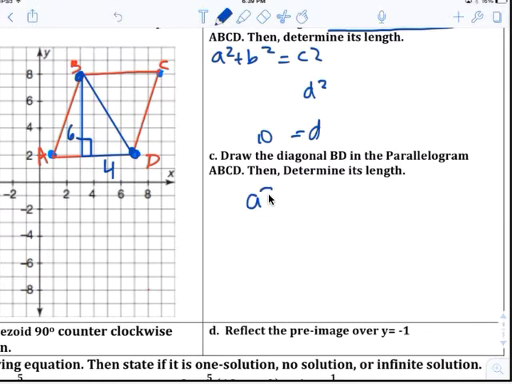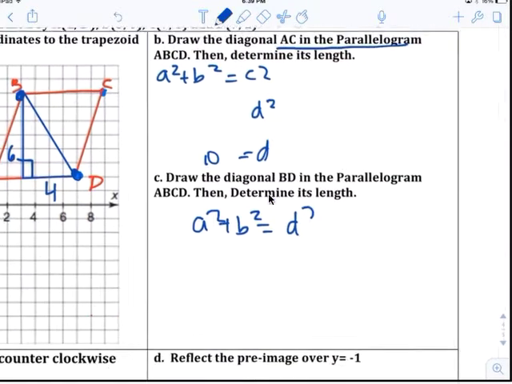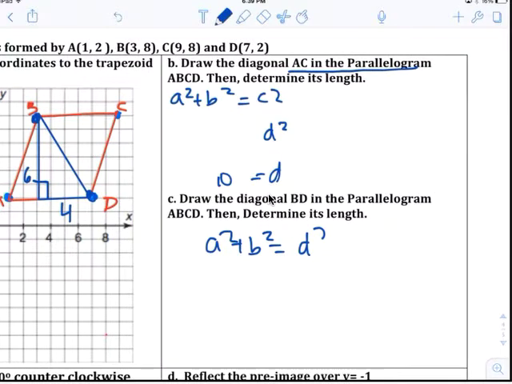You do a squared plus b squared equals the diagonal squared. Now when you do this, you need to put units. AC is 10 units. You need to write that as an answer, okay? Don't forget the word units.